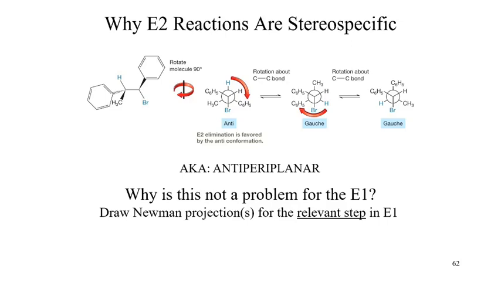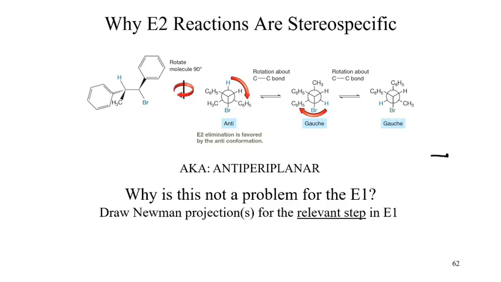Why is it not relevant for E1? Well, in the E1, what did we have? We formed a carbocation. So if I remove the bromine on one of our drawings, let's not do it down there, I'll actually redraw it.